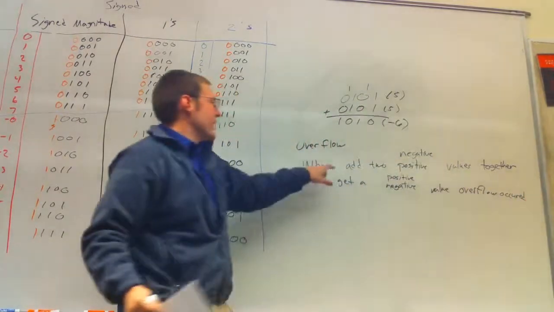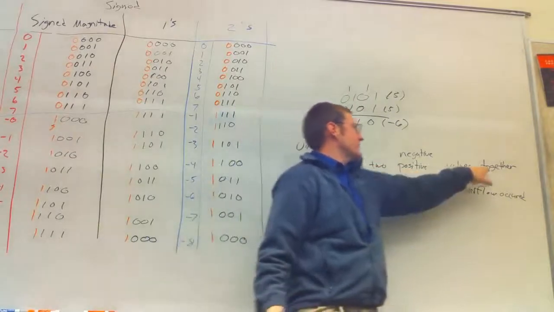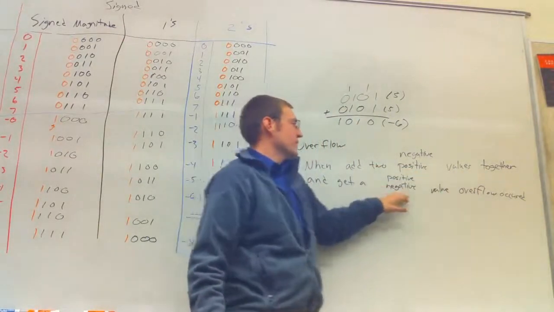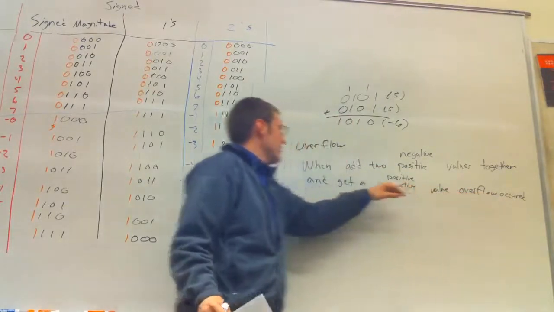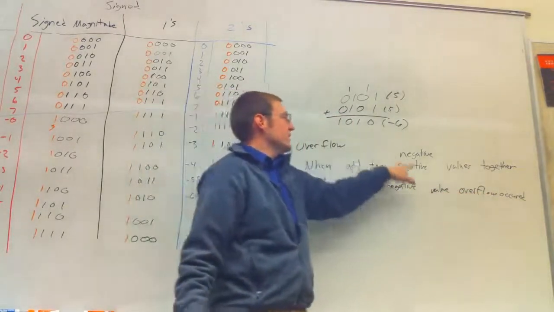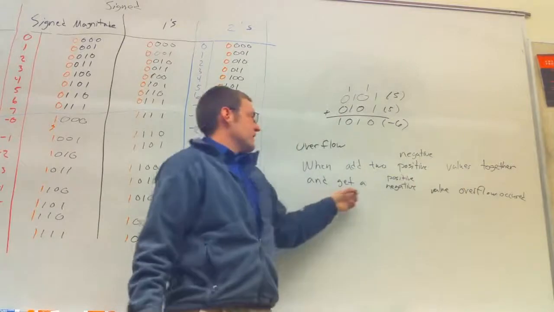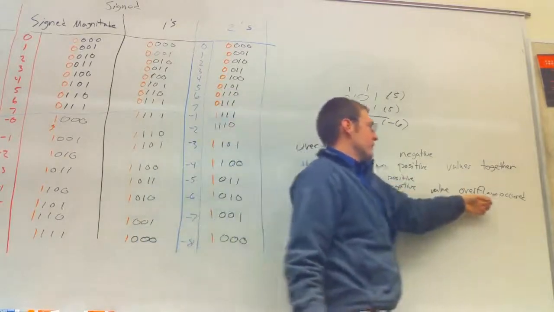Okay, so when I add 2 positive values together and get a negative value, overflow occurred. If I add 2 negative values together and get a positive value, overflow occurred.